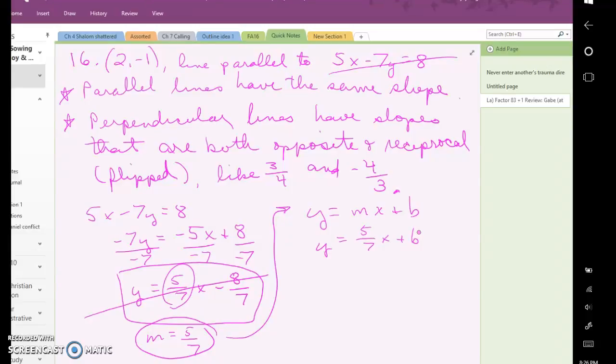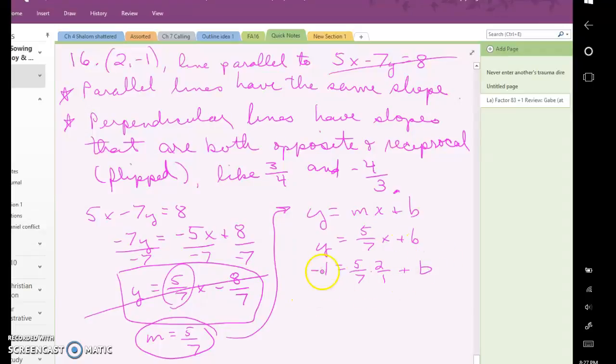I told you back in an earlier video that there were two ways to find that line. One was using the point slope formula, and the other is just using this formula right here and substituting 2 and -1 for x and y. So instead of y, we have -1 equals 5/7, and then x would be 2, but we're going to write it as a fraction.